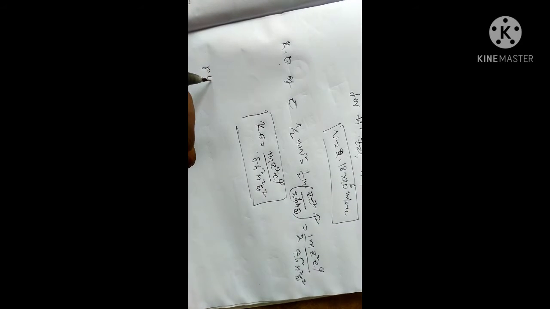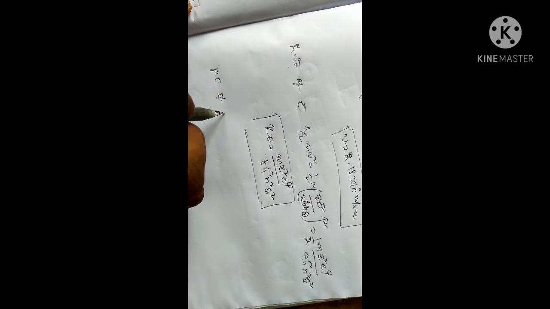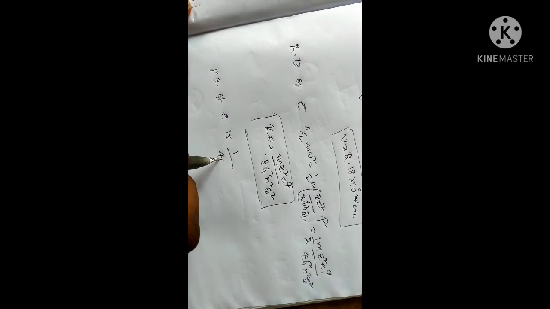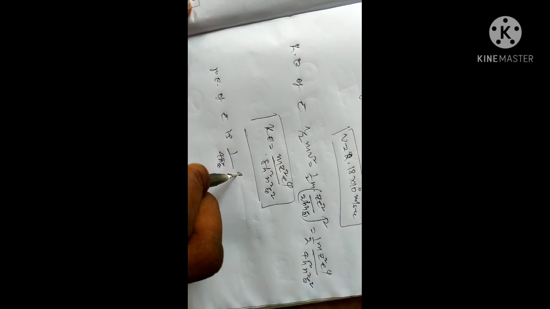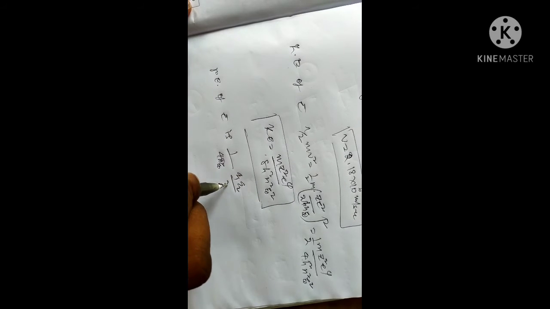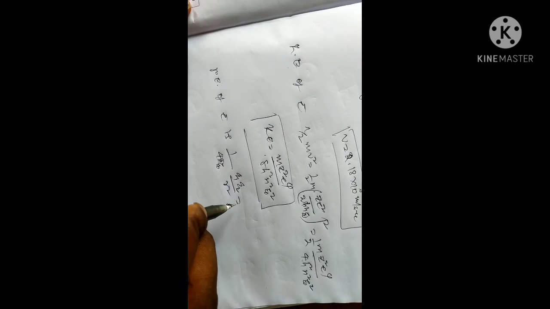Now the potential energy. The potential energy of the electron is 1 by 4 pi epsilon naught times q1 q2 by r, with sign.